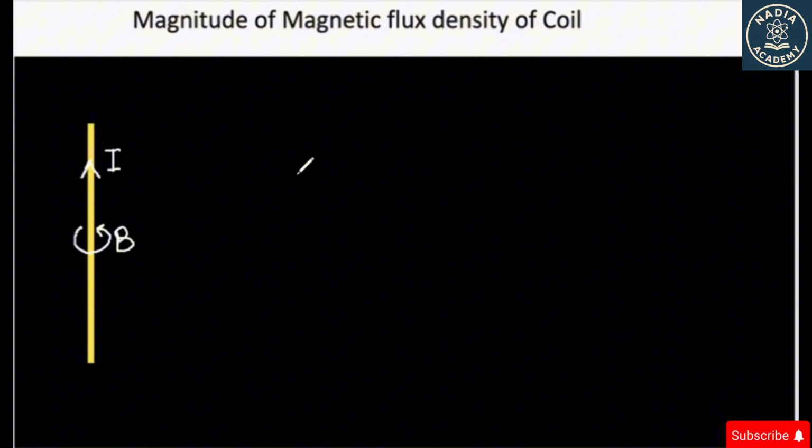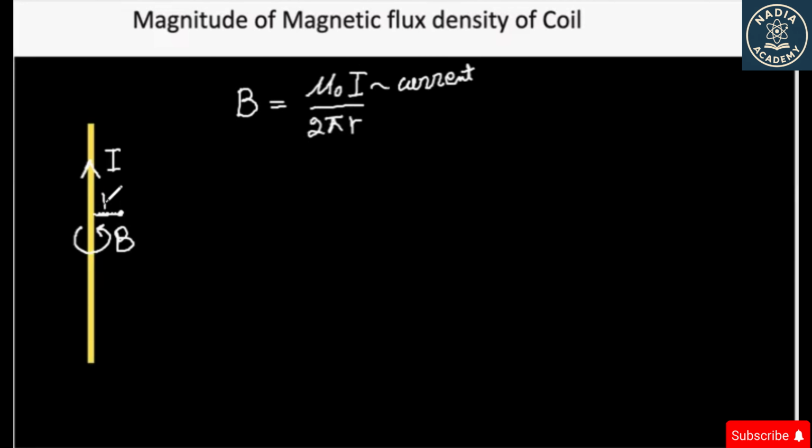The magnetic flux density of this wire can be calculated using a formula given here: B is equal to mu naught I divided by 2 pi r, where I is the current flowing through the wire, and r is the distance at which you are measuring the magnetic field.